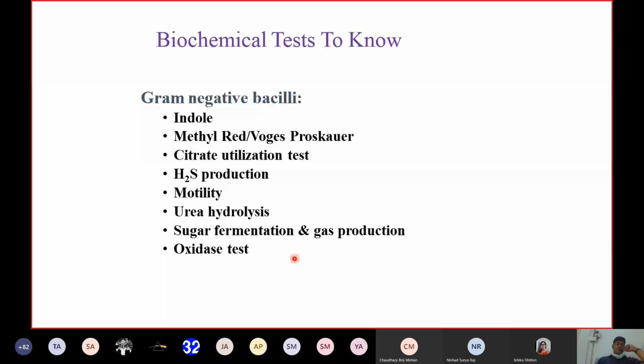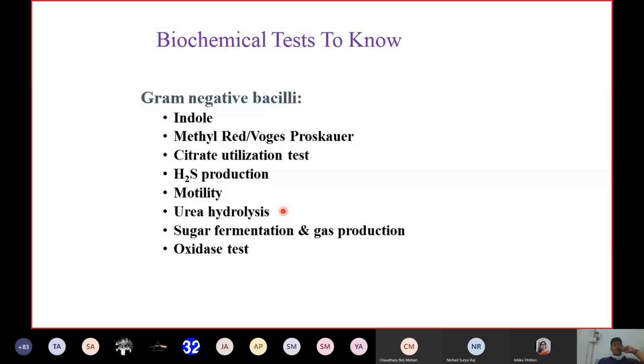Some of the important biochemical properties are indole production, whether they are producing indole or not. Methyl red and Voges-Proskauer, we say MR and VP test. Citrate utilization test. Hydrogen sulfide production test. Whether they are motile or not, the motility test. Urea hydrolysis test, that is a test for the enzyme, whether they are producing urease enzyme or not.